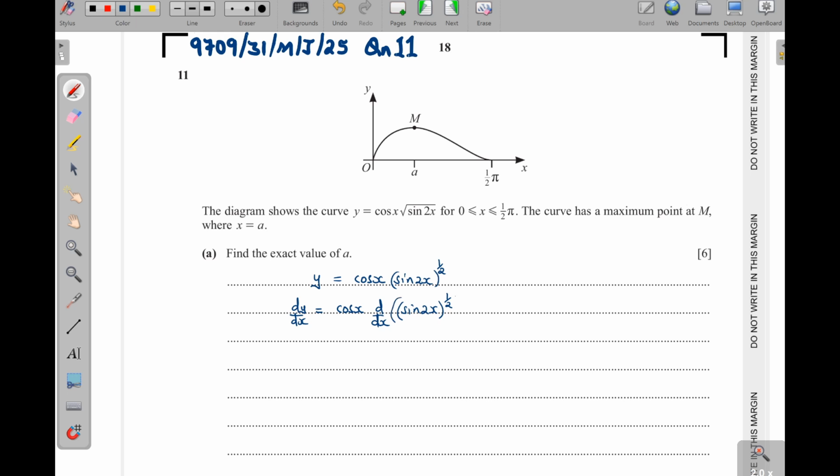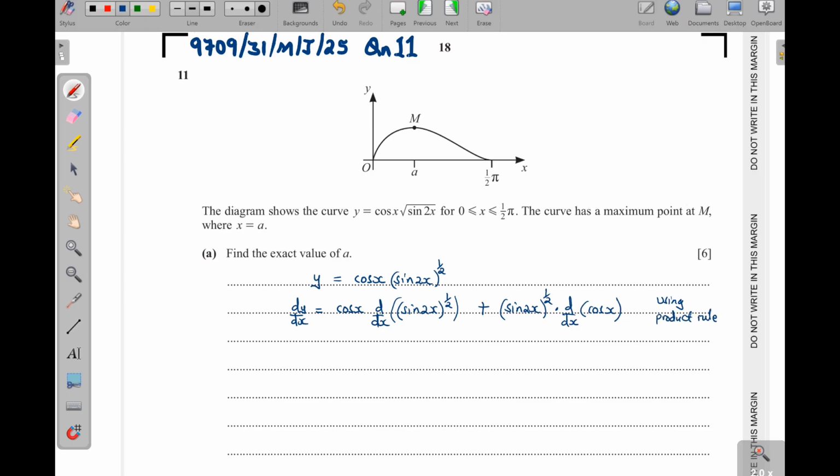Then after that, we can keep this sine 2x to the power of a half constant, and then we differentiate with respect to x this cosine of x.